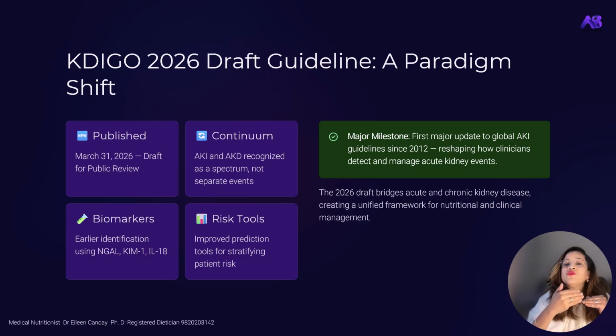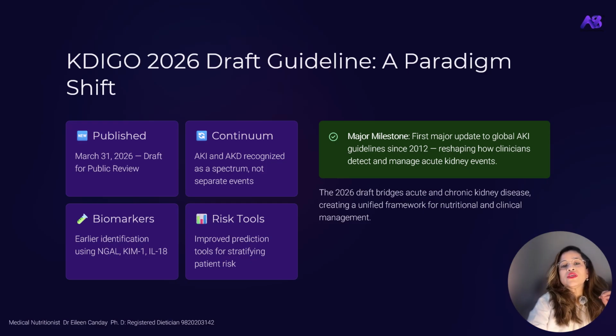Okay, in fact, it was recently published just last month or so, on the 31st of March, for public viewing, and there is a major update since it was done in 2012. So there is now a shift: AKI and AKD are now recognized as a continuum rather than a separate event. So they are not two different events. You have to look at them as existing on a spectrum.